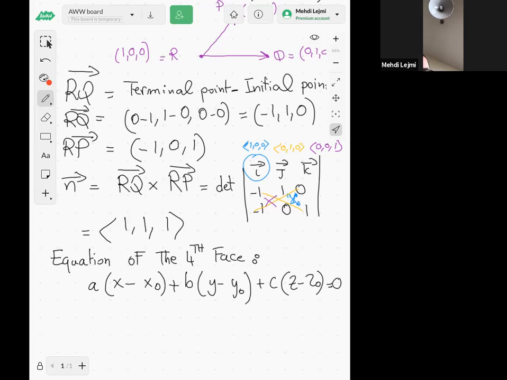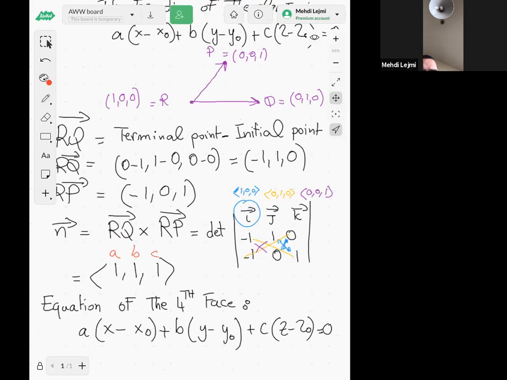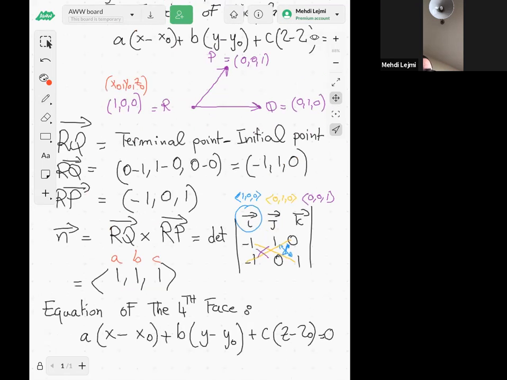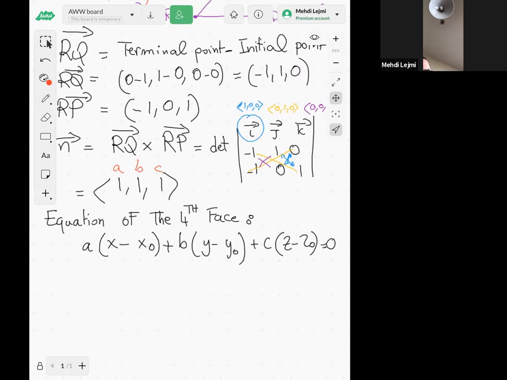This is like A, B, C here. X0, Y0, Z0, guys, you can just pick any point here. It doesn't matter which point you pick. You're going to end up with the same equation, right? So let's say that this is X0, Y0, Z0. Here I'm going to pick the point R, but again, you can pick any point lying on the plane. So here I pick this point 1, 0, 0. So my x0 would be 1, this is 0, and this is 0.